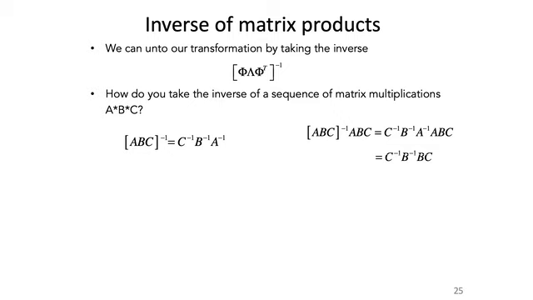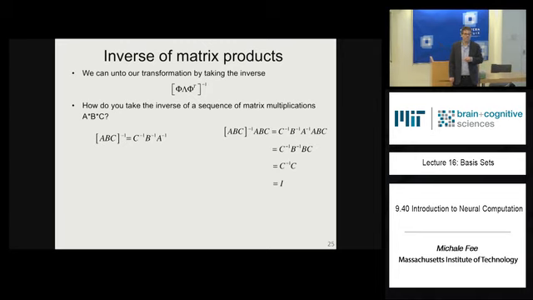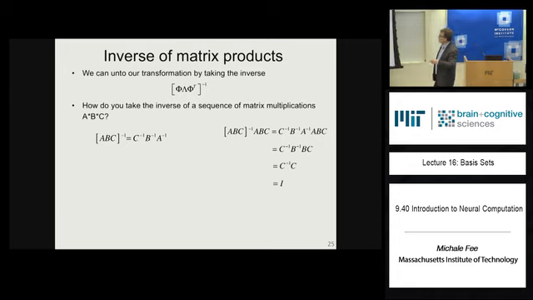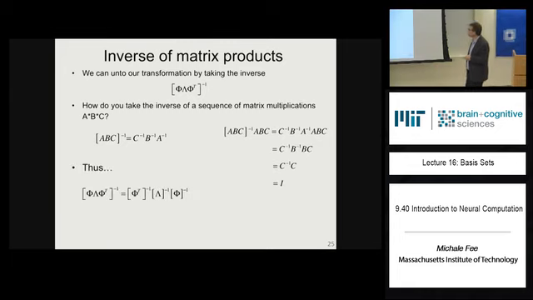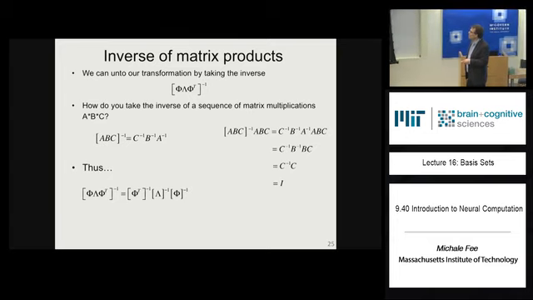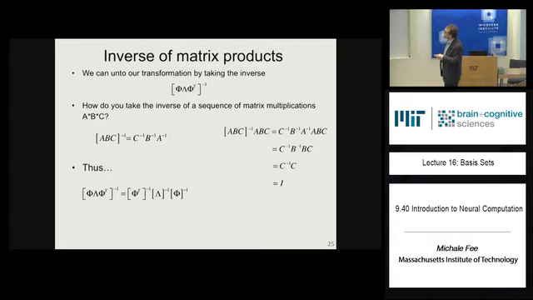B inverse times B is I. C inverse times C is I. Okay? So we just proved that that is the correct way of taking the inverse of a product of matrices.